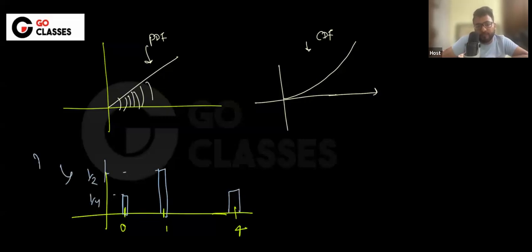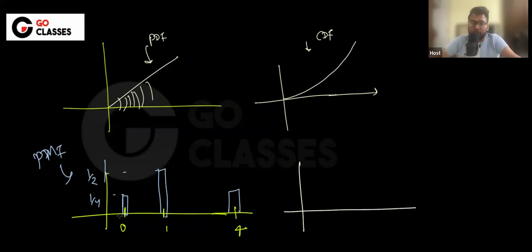This is PMF. In this case, if you want to find out the CDF, then the CDF is not just a smooth curve. Why? Because the probability till this point, you sum all the bars. If you sum this bar, it is just 1 by 4 at 0.